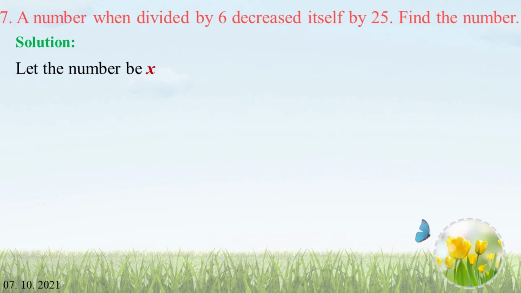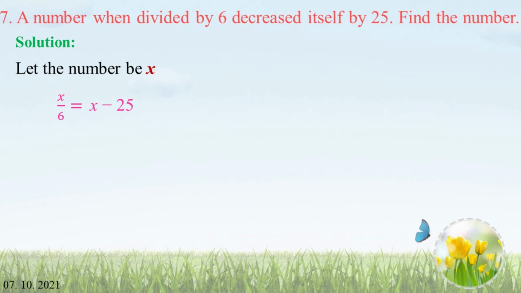Let the number be x. According to the statement, now we set up the linear equation. A number when divided by 6. Here the number is x, so x divided by 6, decreased itself by 25. Decreased means subtraction, so x by 6 equals x minus 25.